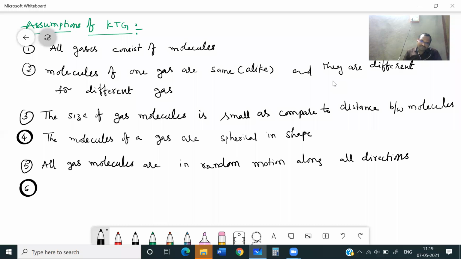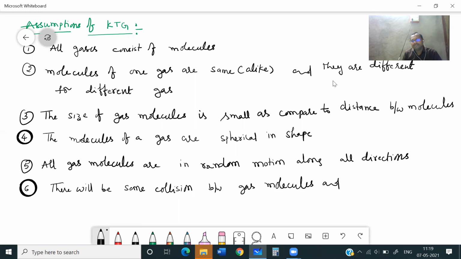So there will be some collisions between gas molecules and walls of the container.